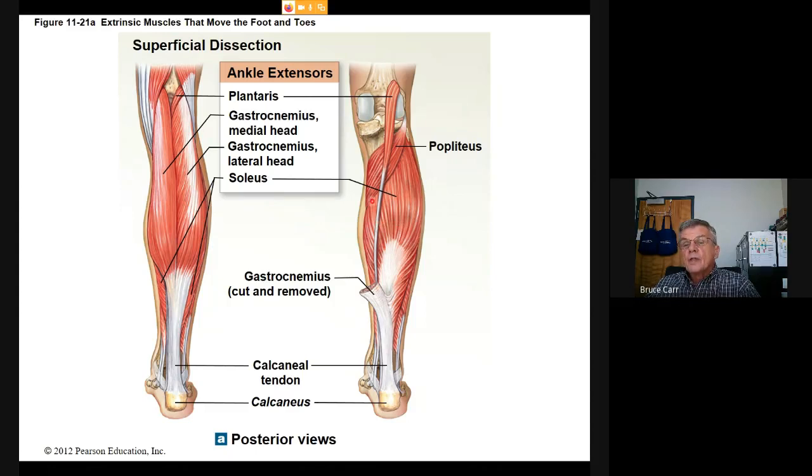balance. The popliteus. The popliteal region was the back of the knee, and so the popliteus is appropriately named. But you'll notice the way it wraps from the medial edge of the tibia at an angle all the way around to the lateral edge of the femur.